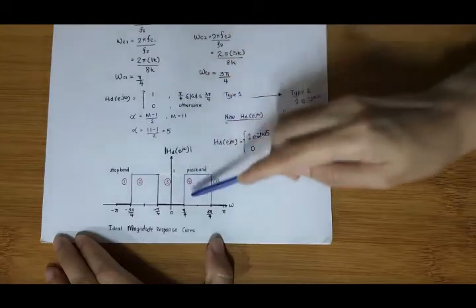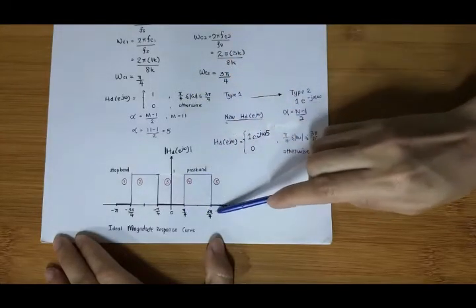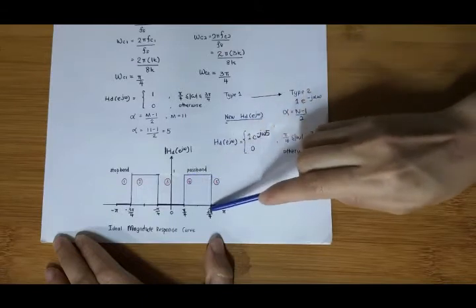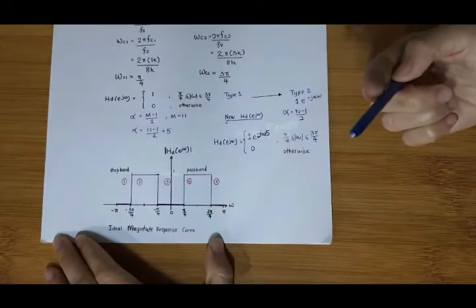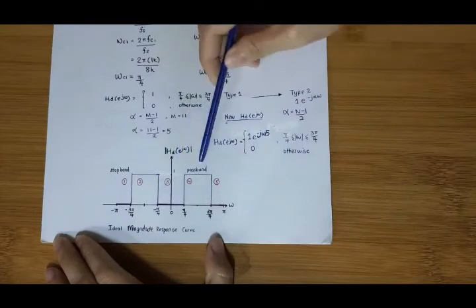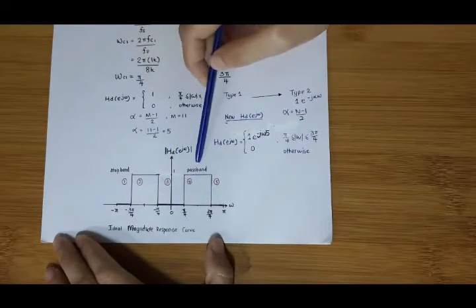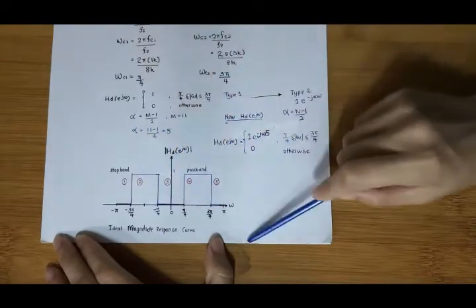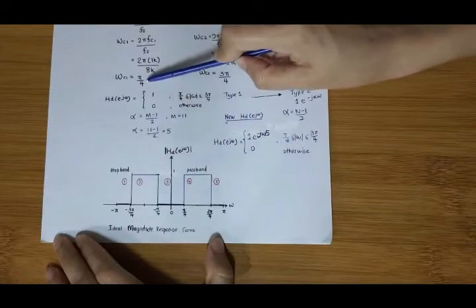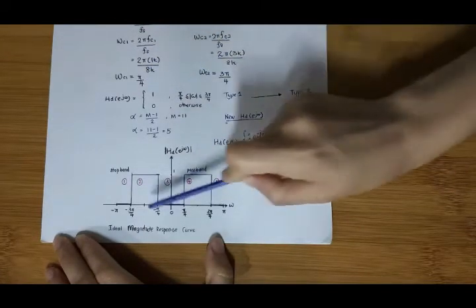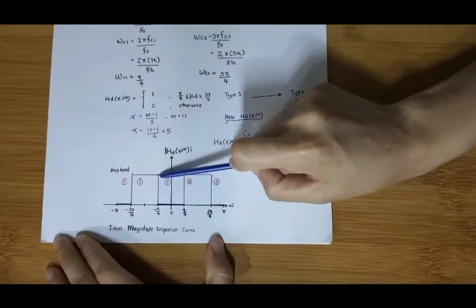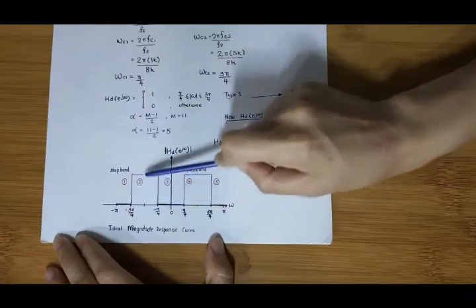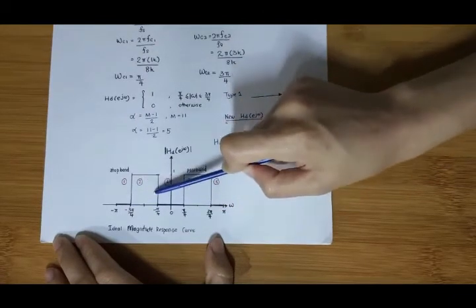The question didn't let us know whether it's causal or non-causal, so we have to consider both parts. On the negative side, we also draw from negative pi divided by 4 until negative 3 pi divided by 4, also a band pass, allowed to pass.